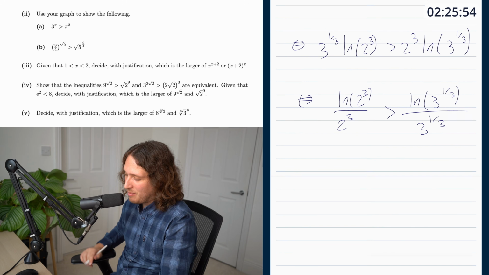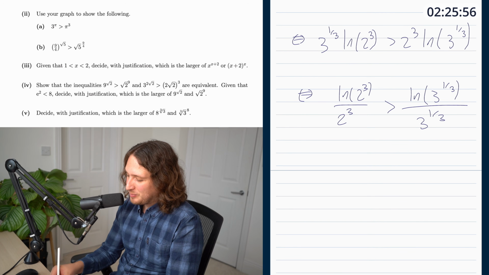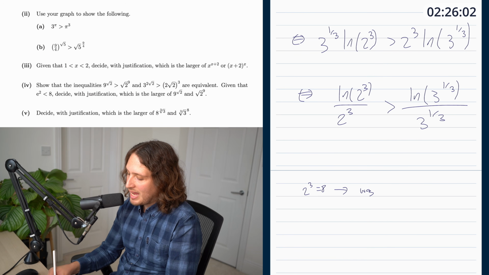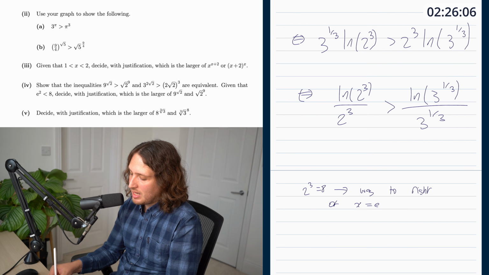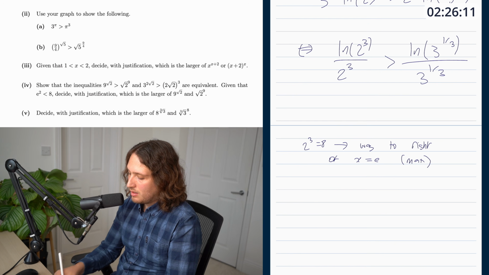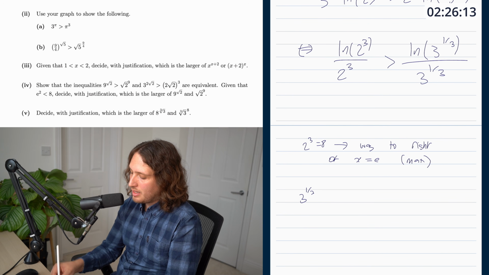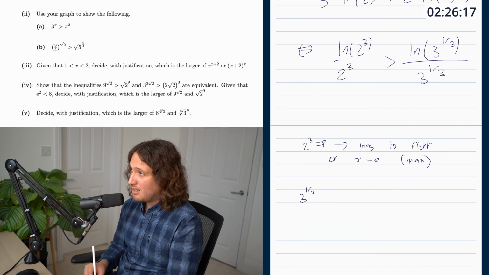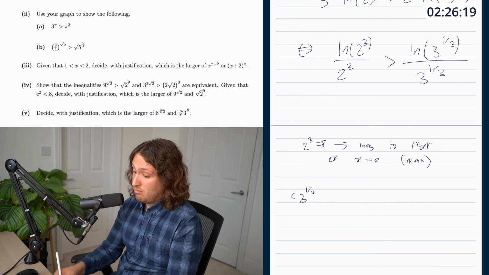Okay, maybe we're good. So 2 cubed is 8. So this is way to the right of x equals e, which is the max. 3 to the third is definitely smaller than e.